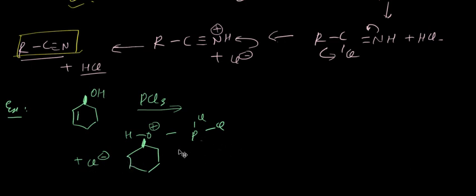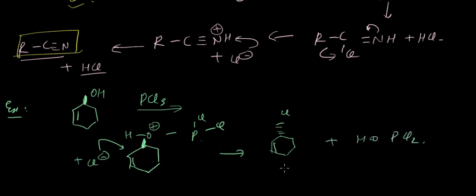This Cl will attack from the backside, because attacking from the front, it faces some steric hindrance. So this would be the major product formed after this reaction. As it is attacking from behind, it will have dash Cl and obviously OH PCl2.